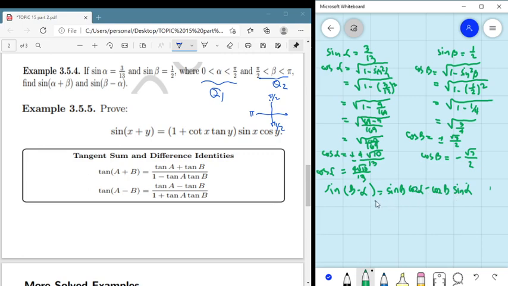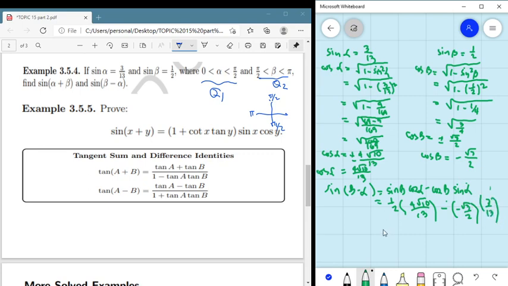Okay. Sine beta is 1/2. Cosine alpha is 4 square root of 10 over 13. Then cosine beta is negative square root of 3 over 2. Then sine alpha is 3 over 13.